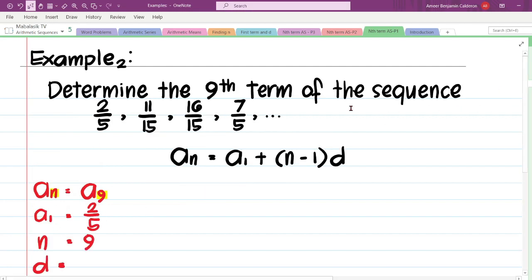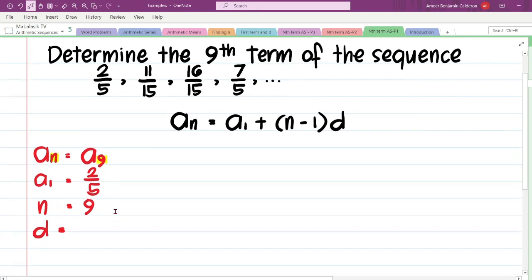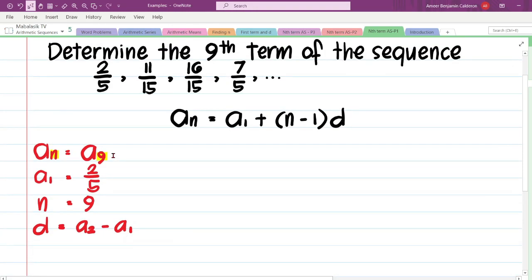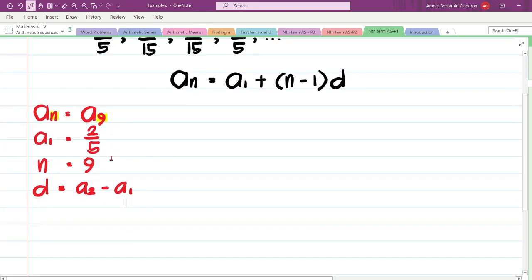But this time around, we are given fractional terms, so we can't do that. Customarily, to solve for d, we use a sub 2 minus a sub 1. Customarily, but you can use other terms, and we are going to do that actually later. But let us just try this customarily thing. So we have 11 over 15 minus 2 over 5.